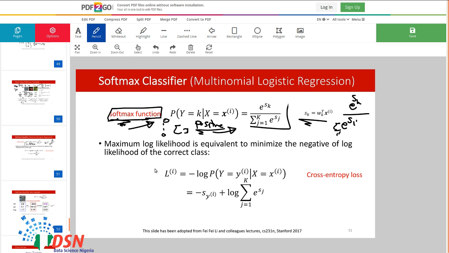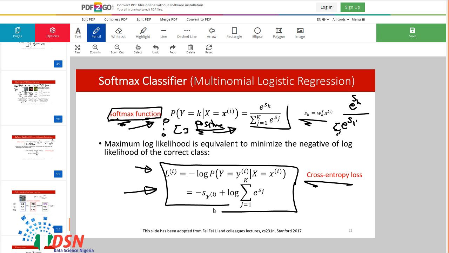So we could write the cross entropy loss as minimizing the negative log likelihood. We call it cross entropy loss, and we use that a lot in deep learning.